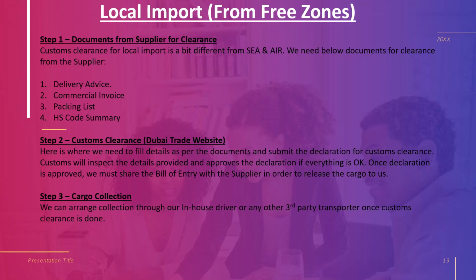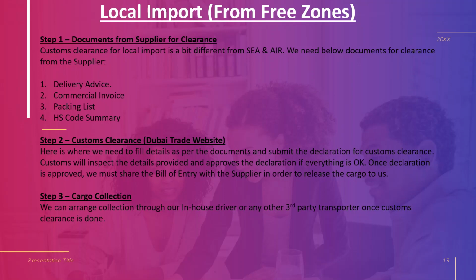Okay, it's a bit different from sea and air, but it will be within our country, in that particular country itself, but some documents are required. Delivery advice, then commercial invoice is required, packing list is required, HS code summary, because customs people will check what sort of material this is, they will just check the HS code.